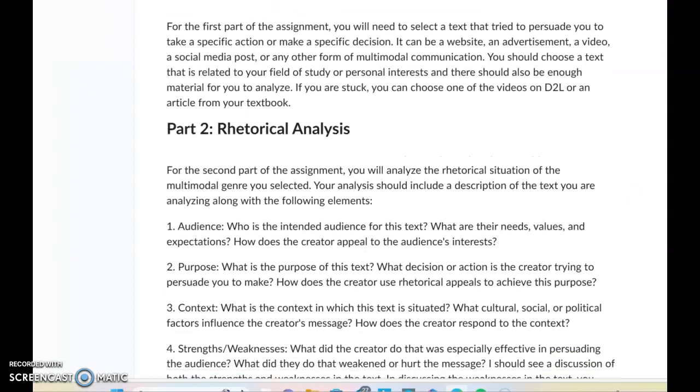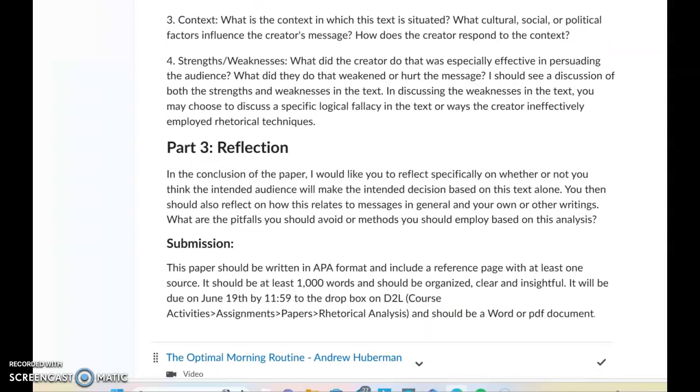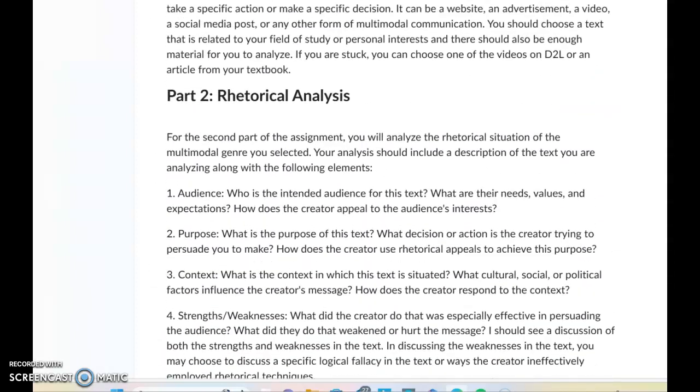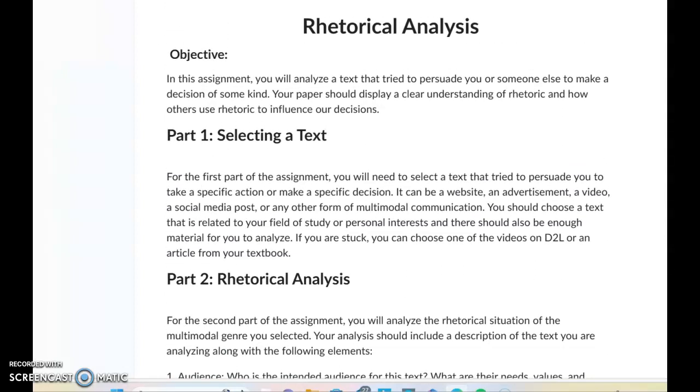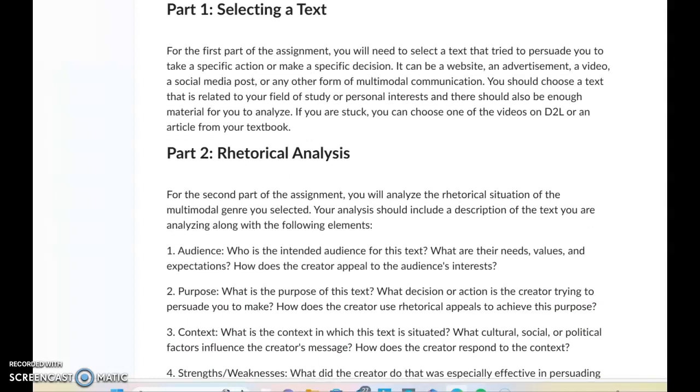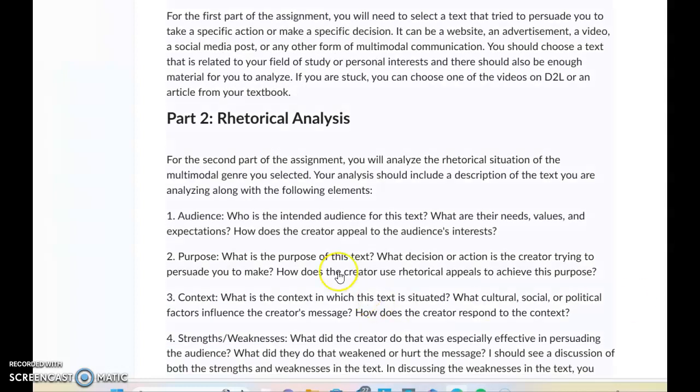Okay, and then writing your paper, like I talked about, I want you to find some sort of text that persuades you to do something and analyze how effective they were in it. For rhetoric, you should have a very specific audience, which is you, or whoever you think their intended audience is.